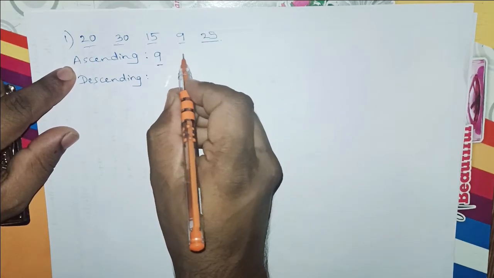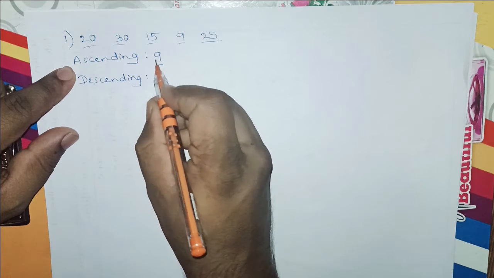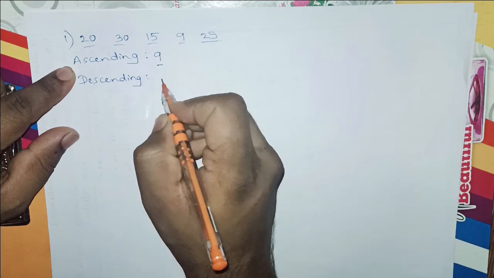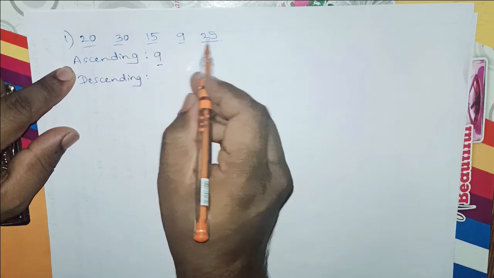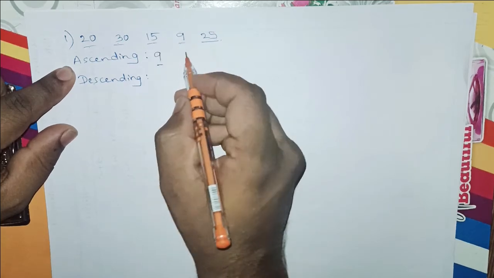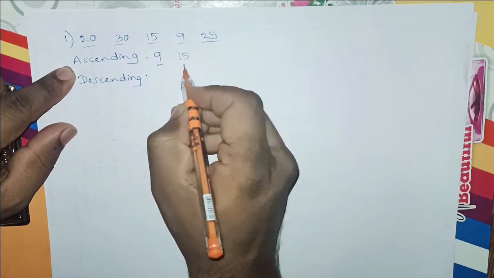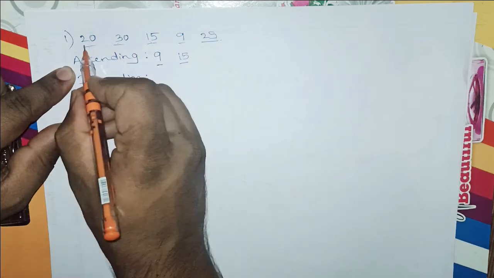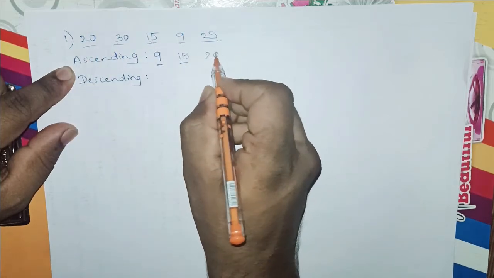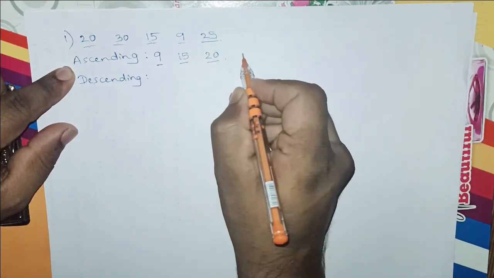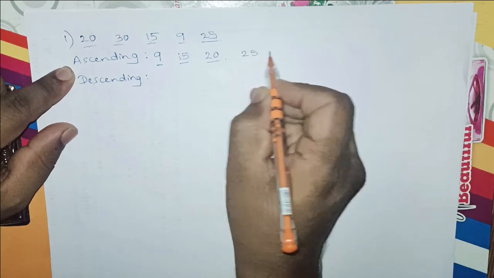Then the next number will be a bit bigger than this. After 9, which is the next bigger one? That is 15. Then after 15, 20. Then after 20, 25. Then 30.